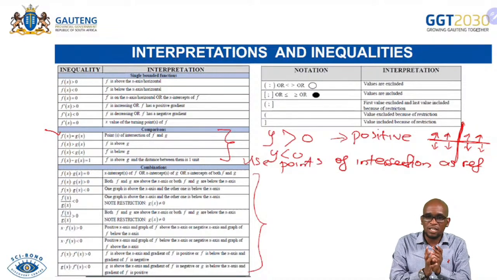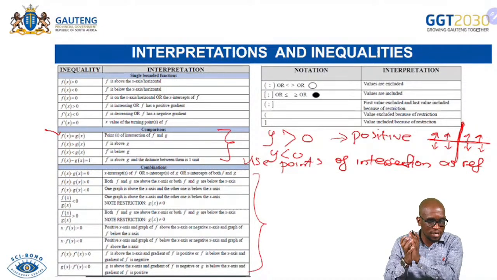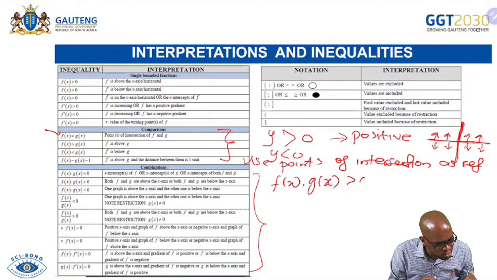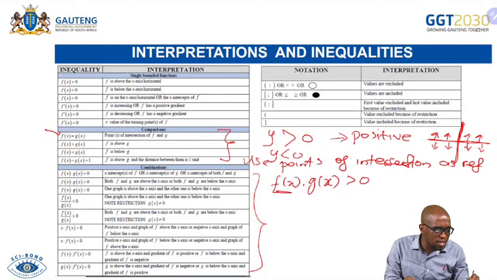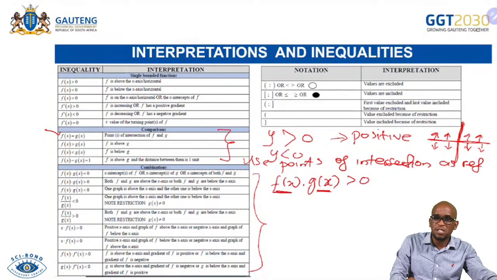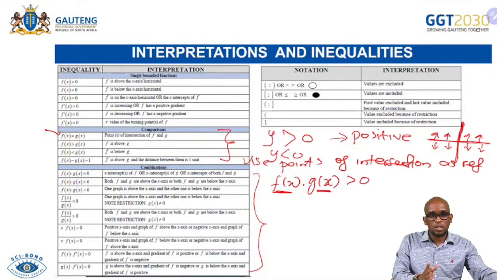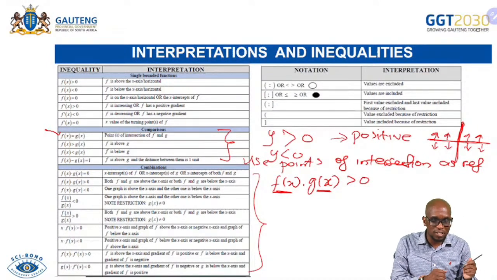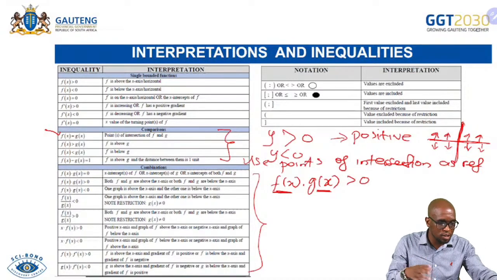The combined effect should be given by something that they are going to give you. For example, if they say f of x times g of x is positive, they are trying to tell you that the combined effect of these graphs should be positive. Even if they divide, they are trying to tell you the combined effect, because if you divide or multiply, you get the combined effect of the functions. It should be positive or negative.